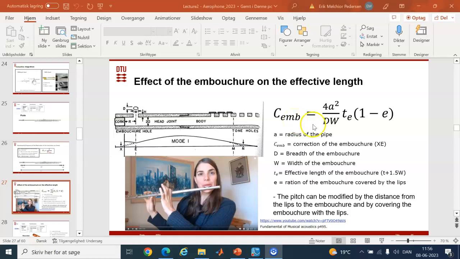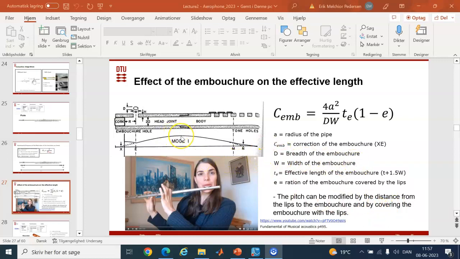The correction will be smaller. The pitch can be modified by the distance from the lips to the embouchure, and by covering the embouchure with the lips. Okay, the lips are doing the work.